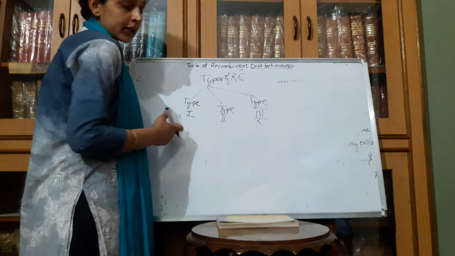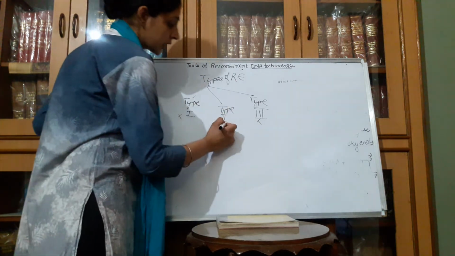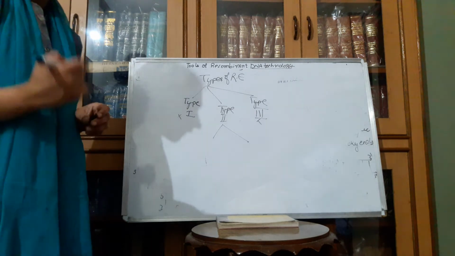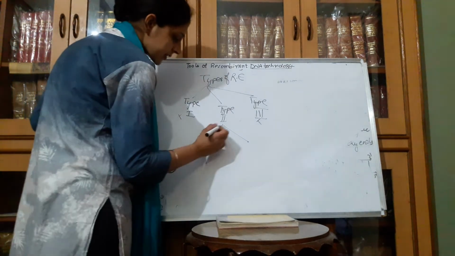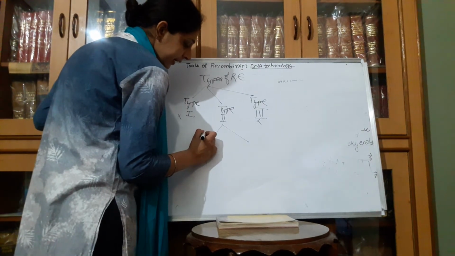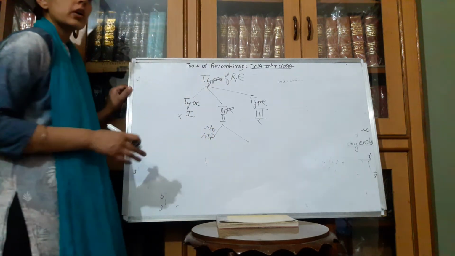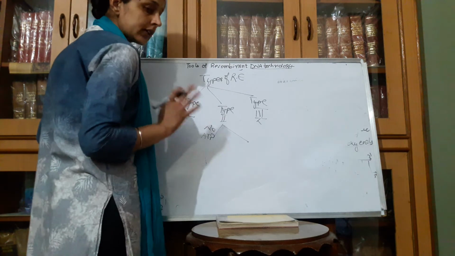But type 2 is used in DNA technology, for two reasons. The first is that it doesn't require ATP for its cleavage mechanism.